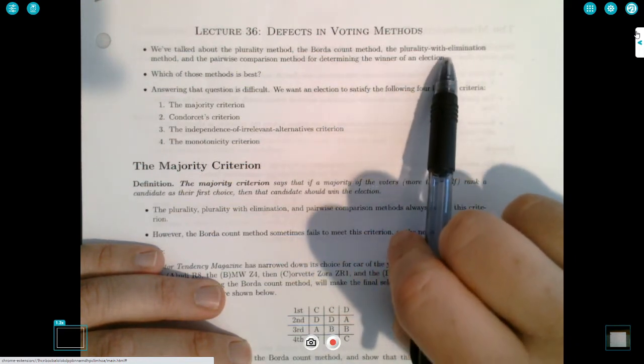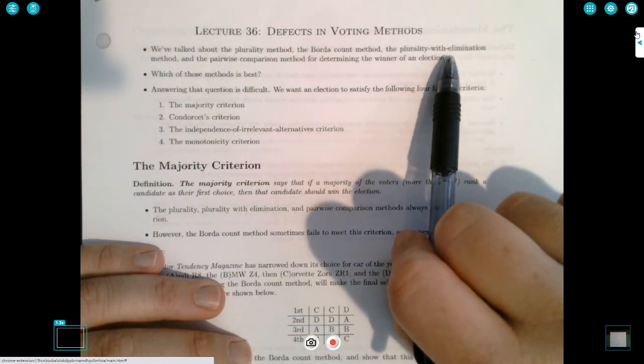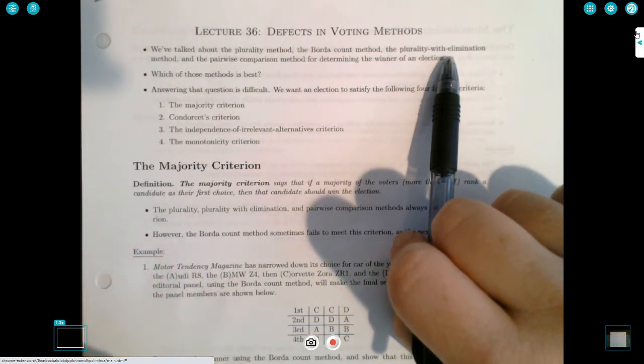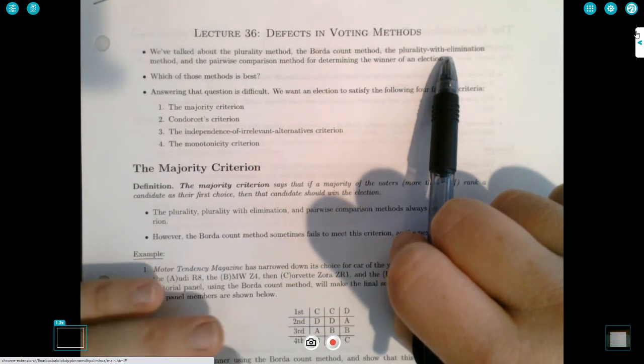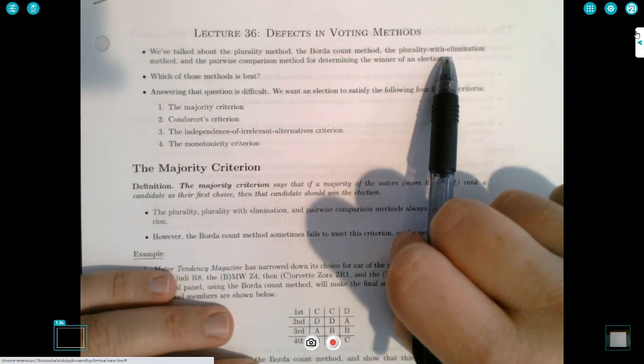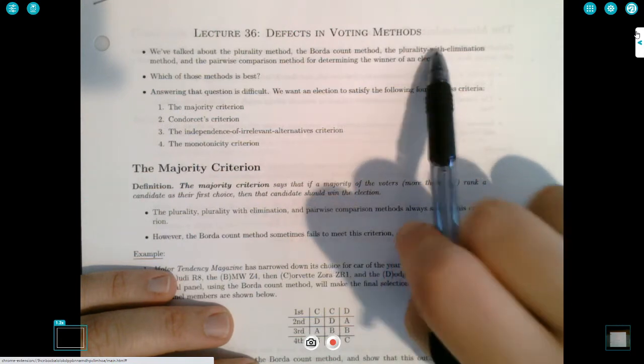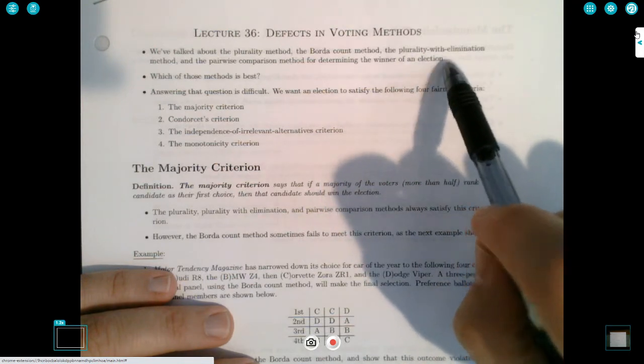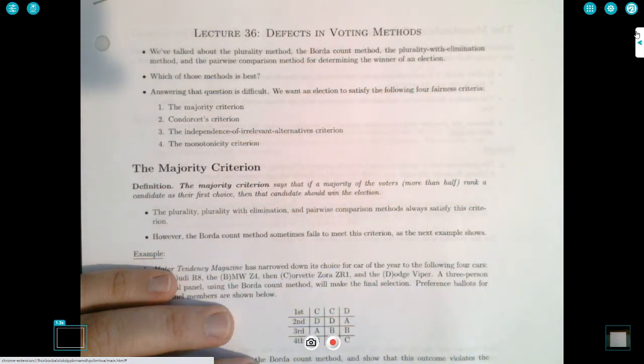We talked about plurality with elimination. This is where, again, you rank everybody on the ballot, and if none of the first place candidates has more than 50% of the vote, then you eliminate the person with the least number of votes and run the election again. And you keep doing that until you get somebody who wins more than 50% of the vote.